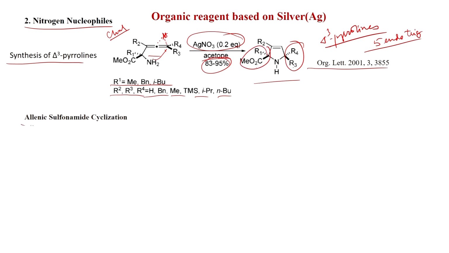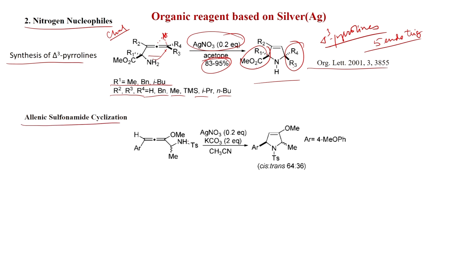So, now we will discuss allenic sulfonamide cyclization. So this is the sulfonamide and this is the allene, and here also you can get the same 5-endo-trig cyclization and this N-tosyl group as here. Here silver coordinates and the attack happens, and after the proton comes, of course, the silver will eliminate and you get this center.